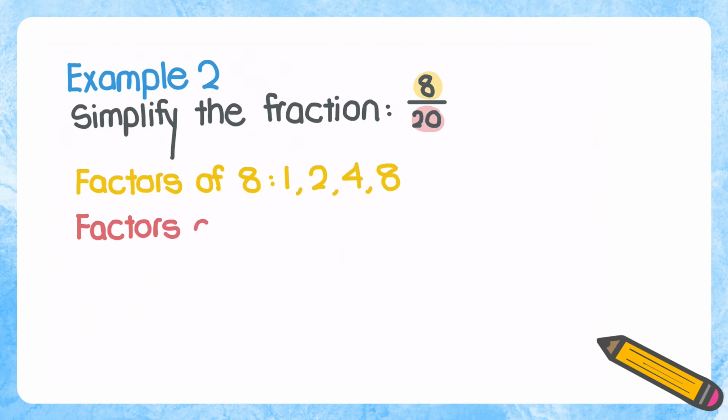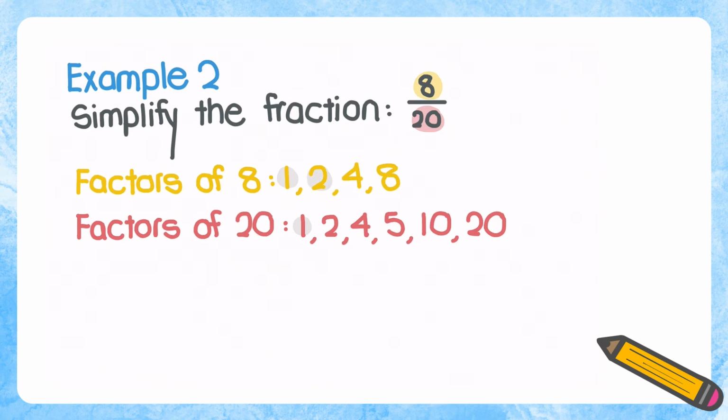So the factors of 20 are 1, 2, 4, 5, 10, and 20. Let's look at the common factors, 1, 2, and 4. Notice how 4 is the largest common factor, so our greatest common factor, our GCF, is 4.